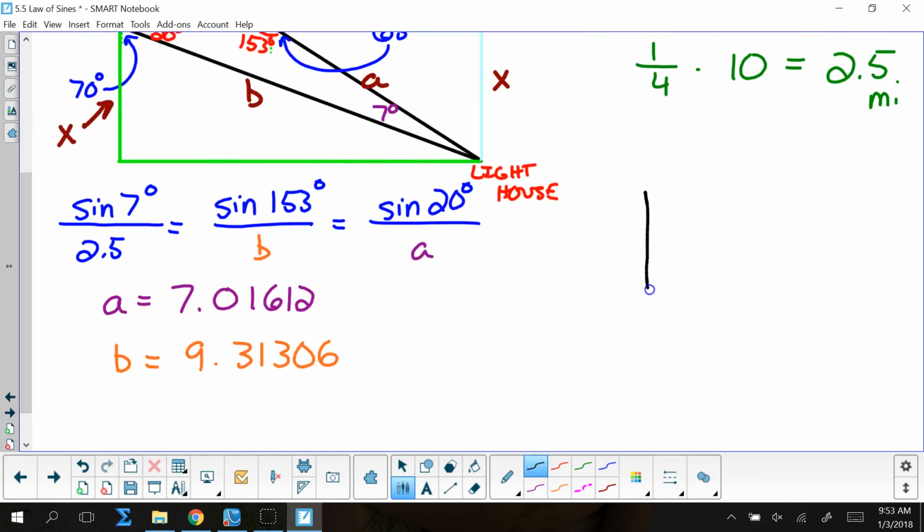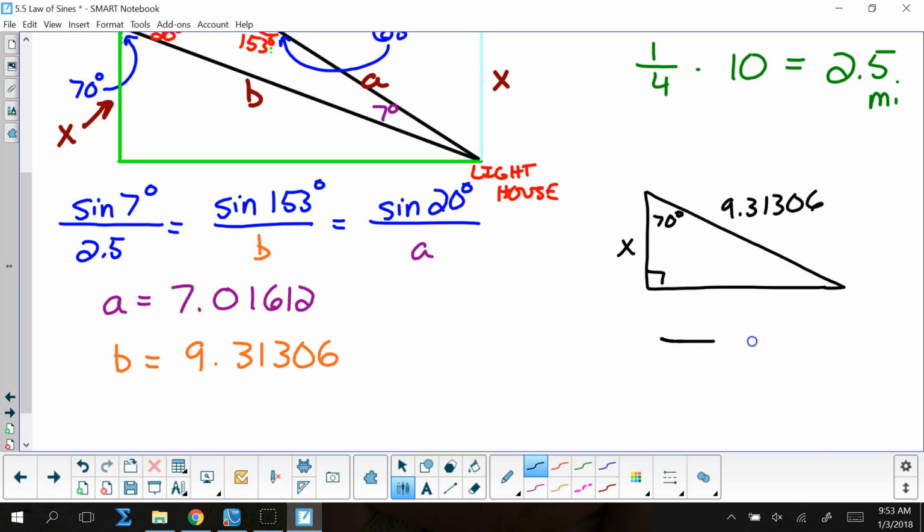My first triangle might look like this, where this is 70 degrees. That's a right angle, and I need to solve for that side. And this side is 9.31306. Or it might look like this, where this angle here is 27 degrees. This side is 7.01612, and I need to solve for that one.